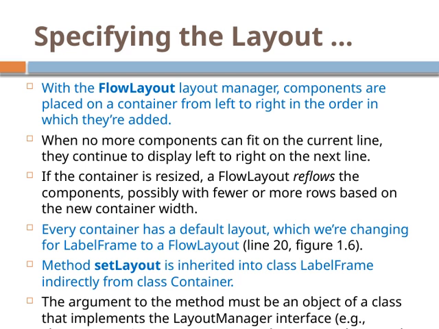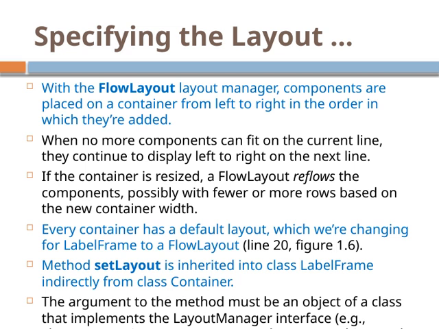Every container has a default layout, but in our case, we're changing the layout for label frame to a flow layout. This is done on line 20, which is shown in figure 1.6. The set layout method, which we use to change layouts, is inherited by the label frame class indirectly from the container class. When calling set layout, the argument must be an object that implements the layout manager interface, like a flow layout object.